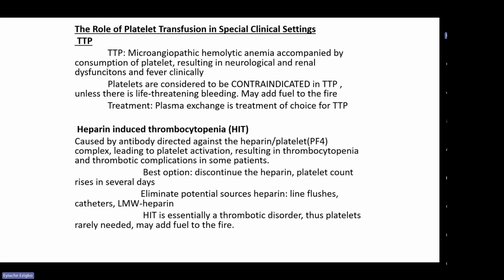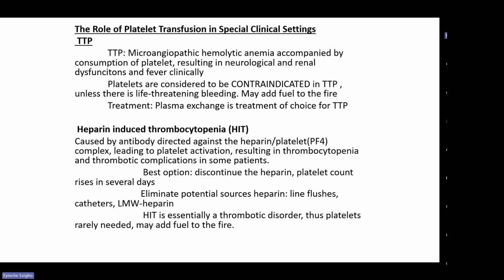considered to be contraindicated in TTP unless there is life-threatening bleeding, may add fuel to fire. So what that means is that in a situation where a patient is having low platelet count, you need to find out first what is happening, what is consuming the platelets.